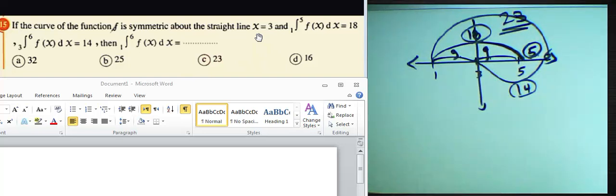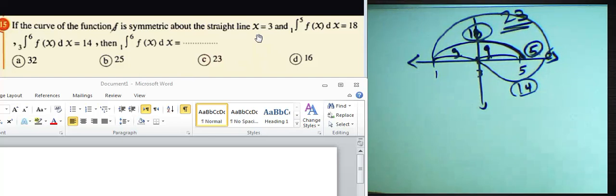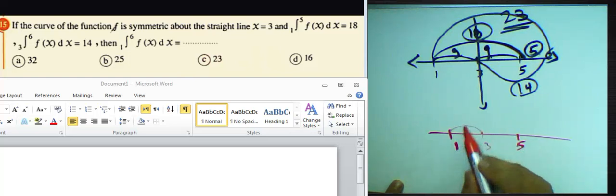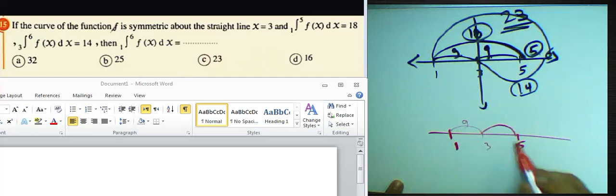Understood? This is the result. It's very easy. You must draw a straight line to know the steps of this problem. Okay? Look at here, from 1 to 5 and 3 here. We have 9 here and 9 here, because 18 divided by 2 equals 9.